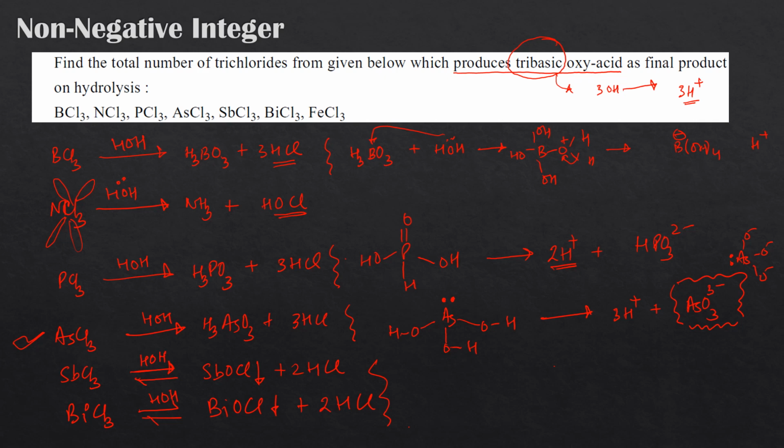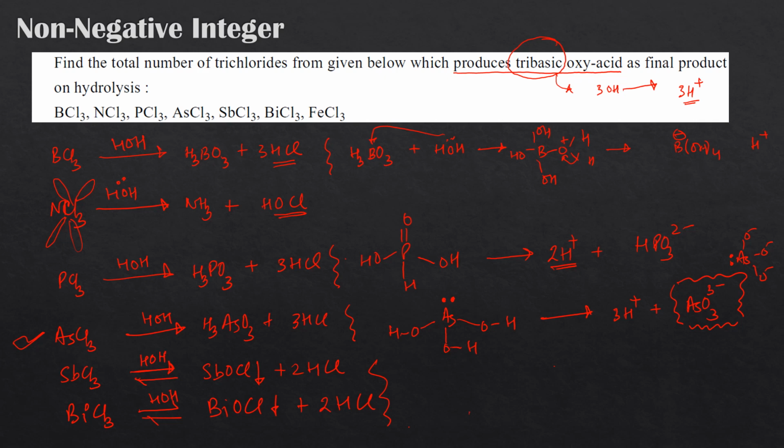Just like AsCl3, we could have anticipated that Sb(OH)3 or H3SbO3 would be formed. But these two compounds behave in a completely different fashion, where the SbOCl, as soon as it is formed, precipitates and goes out of the solution. No further reaction happens, so there is no acidic hydrogen present in these compounds. HCl, although acidic, is not an oxoacid, because an oxoacid is a compound having hydrogen as well as oxygen.